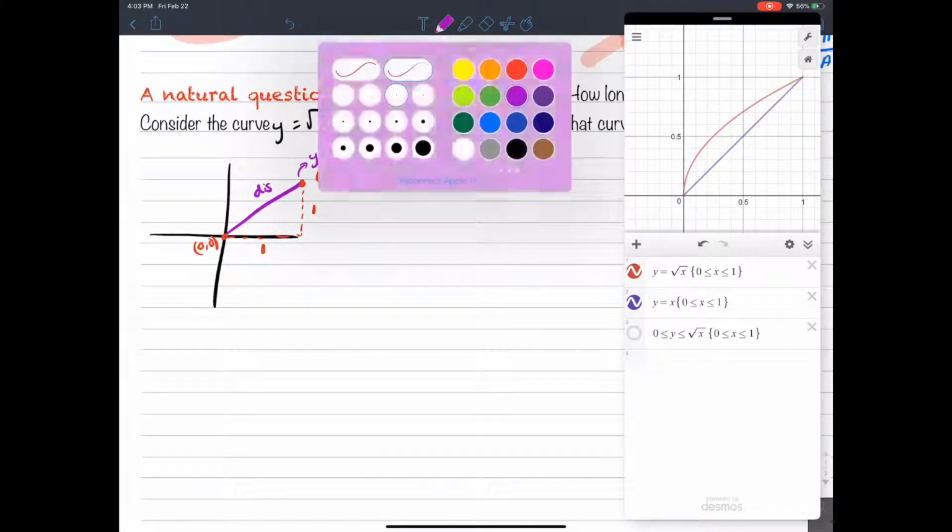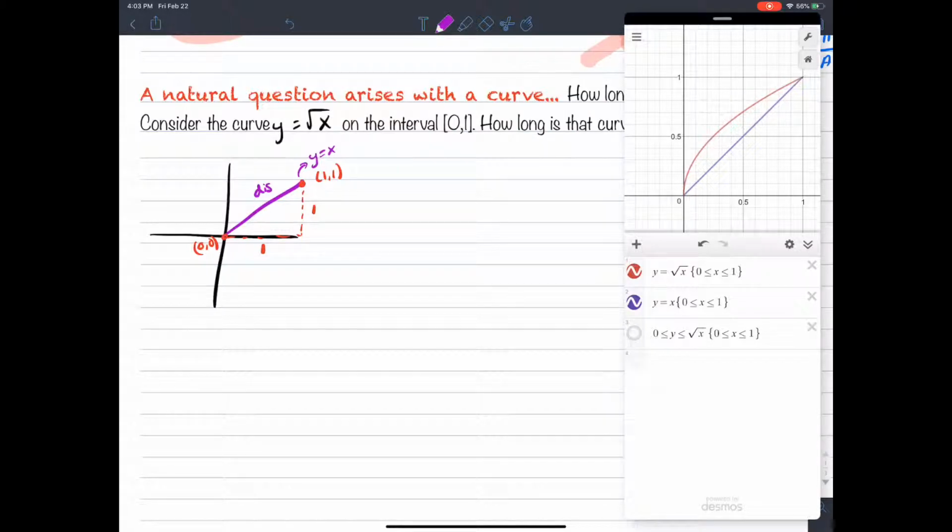So if I wanted to calculate the distance of that hypotenuse, if I squared it, I would get leg squared plus leg squared. So if I just wanted that distance alone, I could take the square root of both sides, which is the square root of 2. So I know that for y equals x on 0 to 1, that distance is the square root of 2.